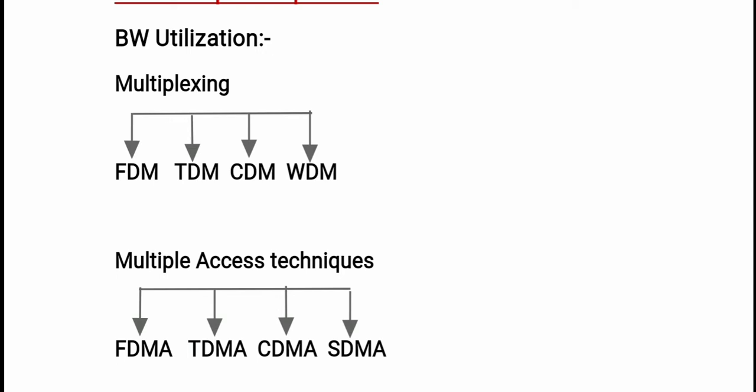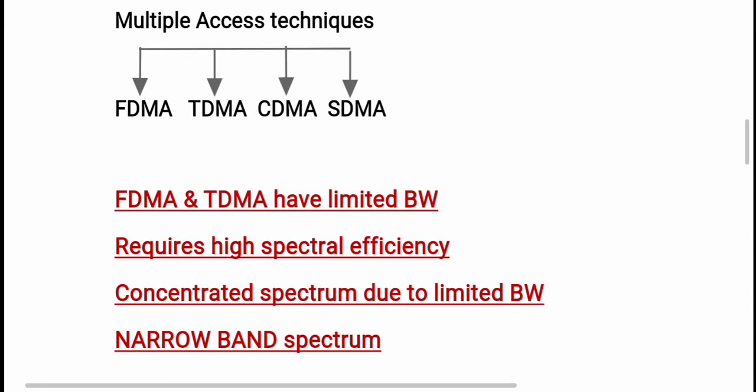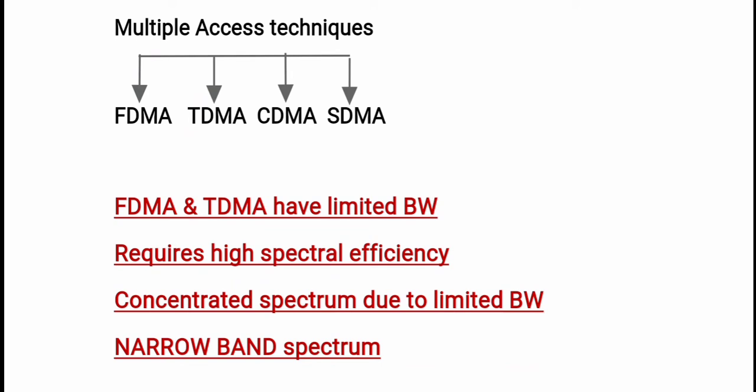Now, to understand the significance of bandwidth, TDMA and FDMA have limited bandwidth, due to which they require high spectral efficiency. Due to the limited bandwidth, a concentrated spectrum is generated.